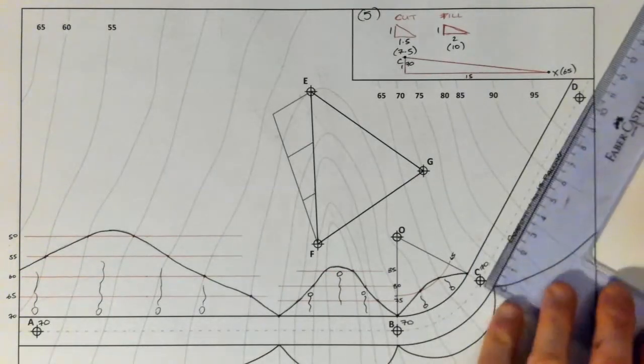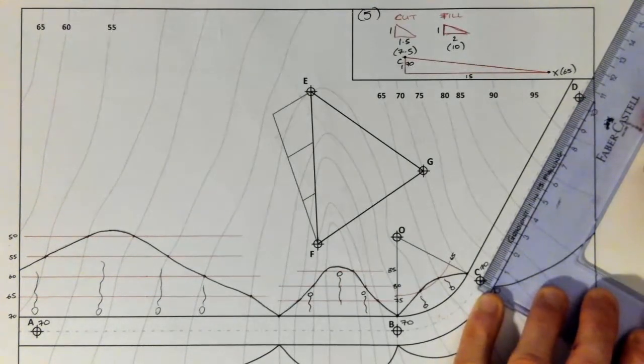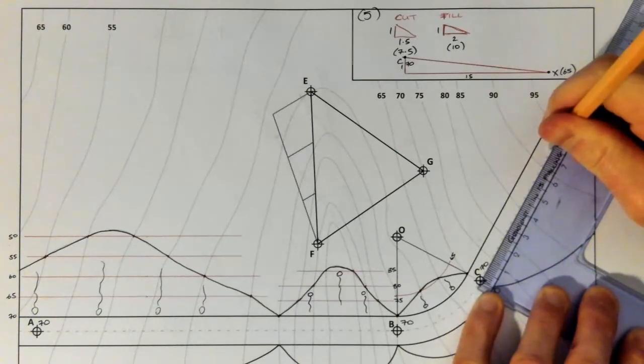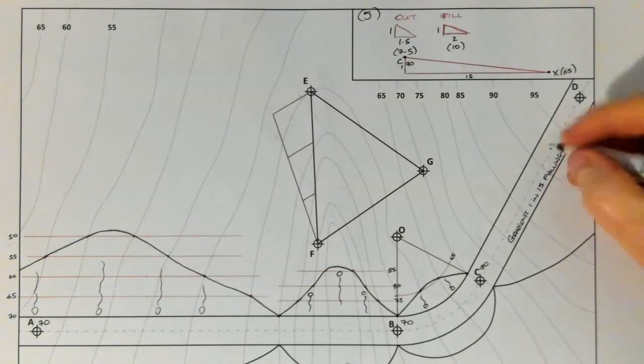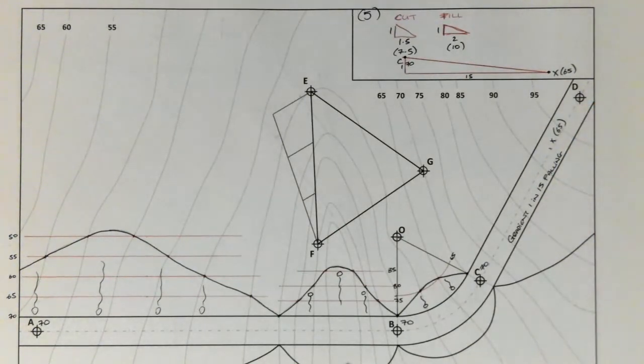So I'm going to measure out 75 from C, 75 millimeters, or 75 meters in reality, along my road, and that point there I'm going to label X, and X is going to be at an altitude of 65. There is a determined point on my road using that gradient 1 in 15 falling.